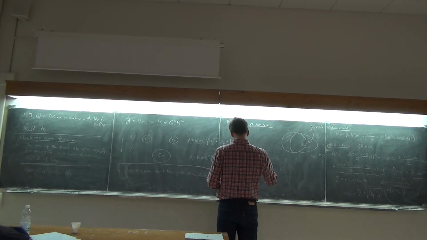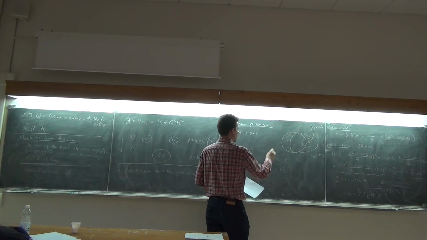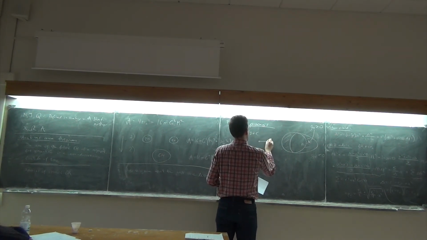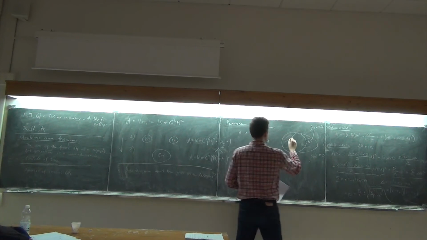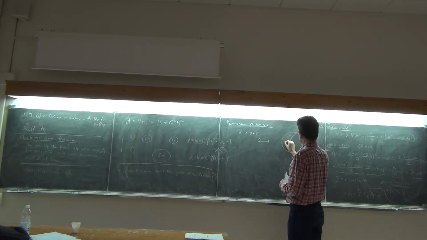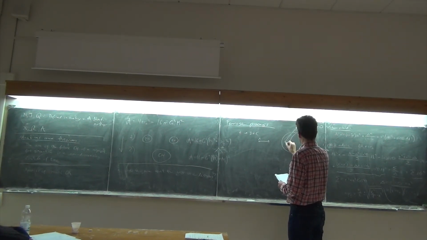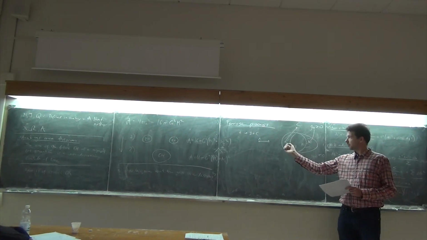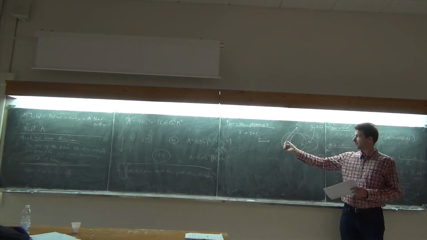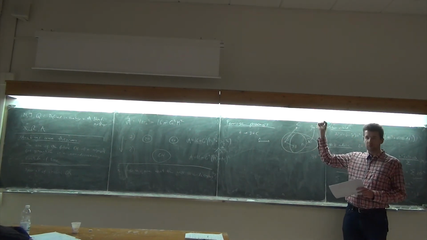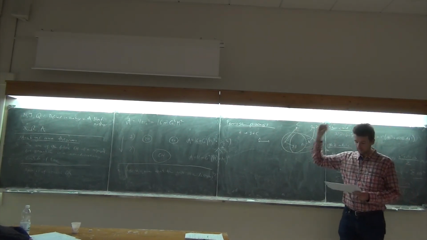So what he did was to imagine a process where a particle decays into two other particles. So you start with a particle A, and then somewhere in the ergo region it decays, and out comes, let's see, particle C and particle B, but the fate of particle B is to go into the black hole, whereas the fate of particle C is to escape the black hole and go out to infinity.